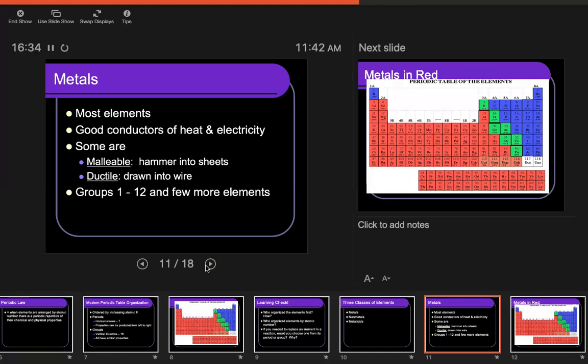So way more than half. If you start on the left side of the table and move over, you're still seeing metals even over into group 15, and there's only 18 groups. So there's a lot of metals. And those two rows at the bottom, the lanthanides and actinides, those are metals. So about 85% of every element, metal.